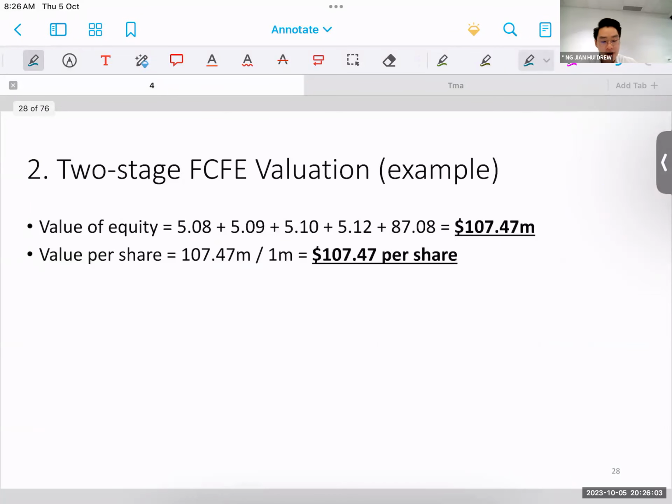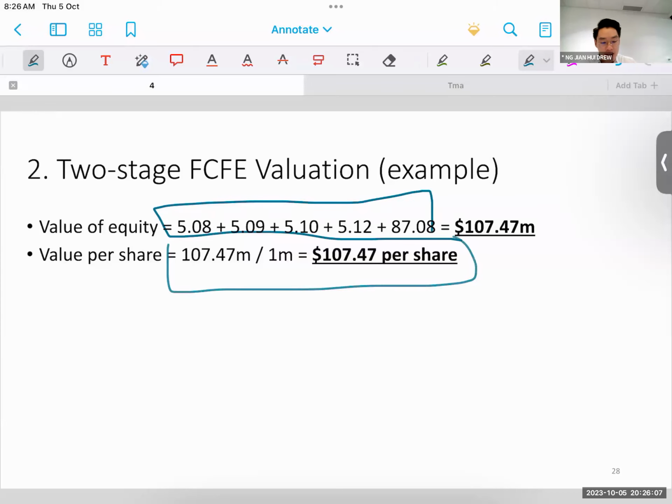And last but not least, we add back all the PVs and we divide it by 1 million shares. Right, any questions for this FCFE?